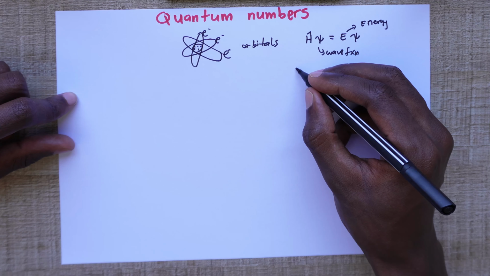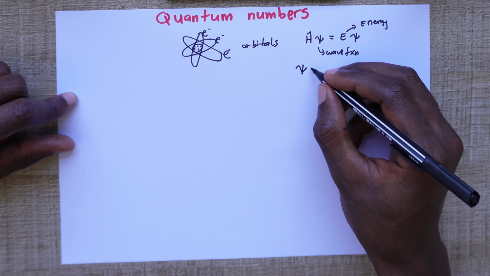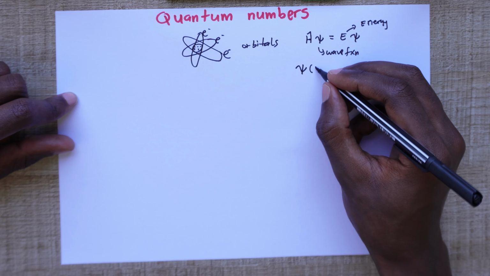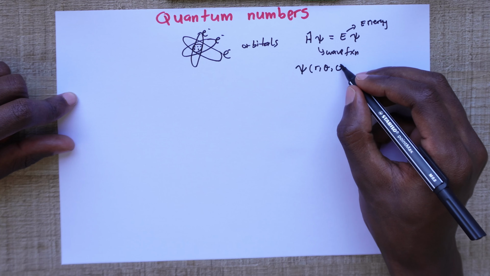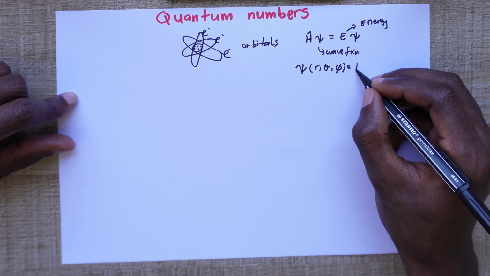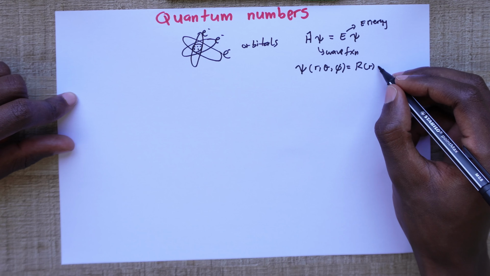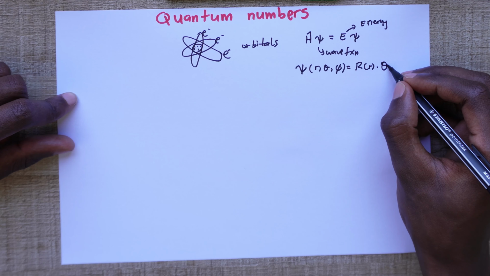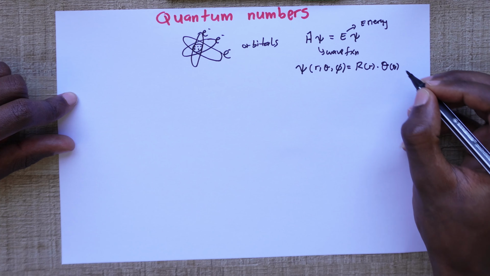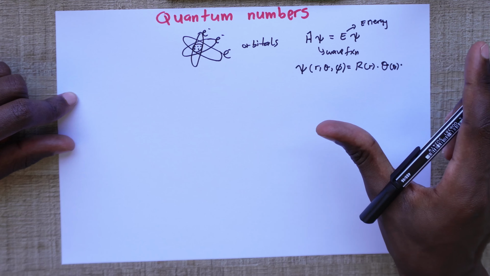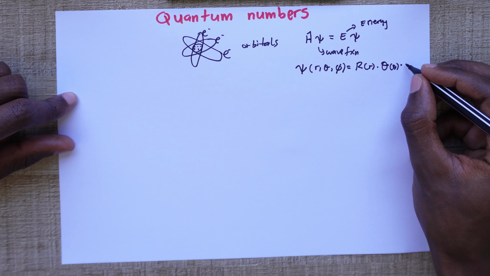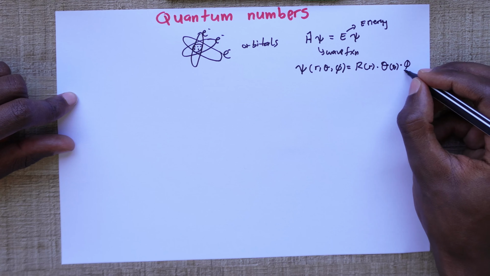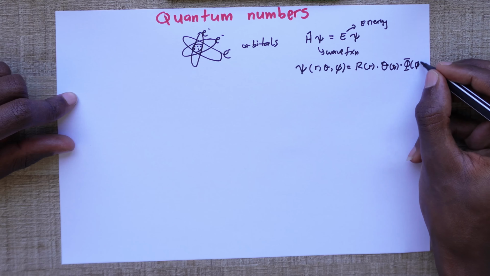So the idea is that we write the wave function, which is expressed in polar coordinates as r, theta, phi, as a product of functions that depend on each of the variables. So r for the size, theta for the polar angle, and phi for the azimuthal angle.